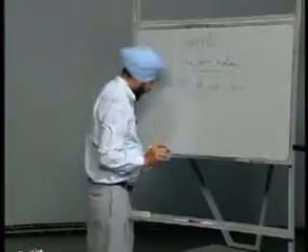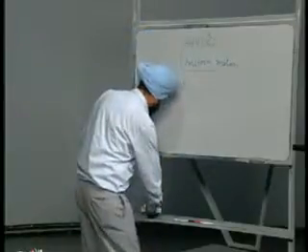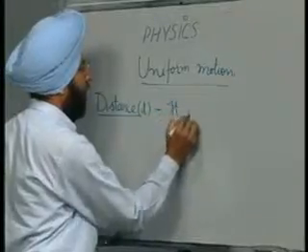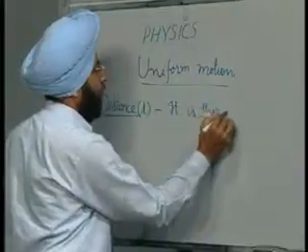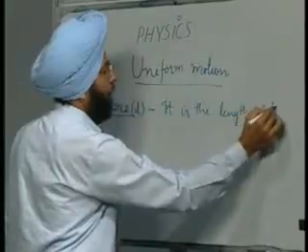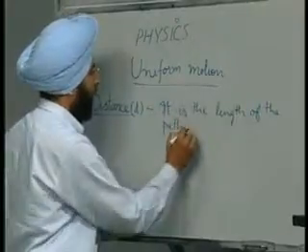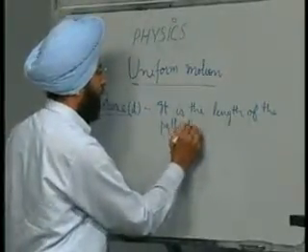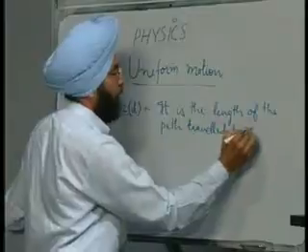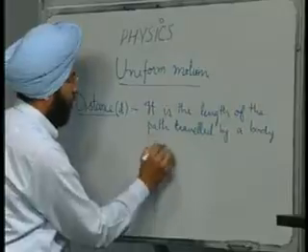The definition of distance is: it is the length of the path or the track travelled by a body in a given time.